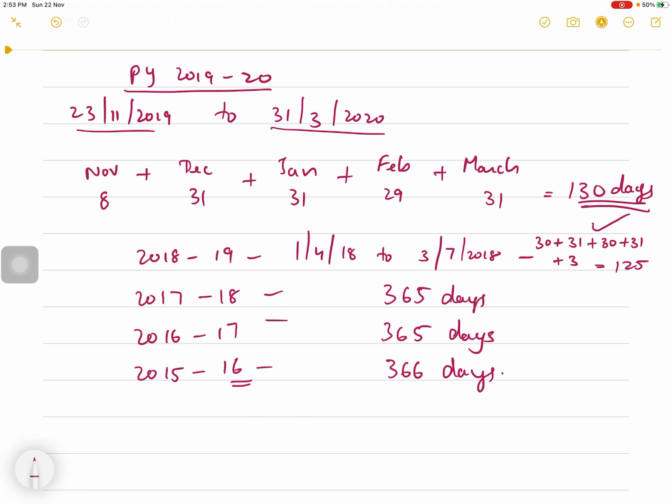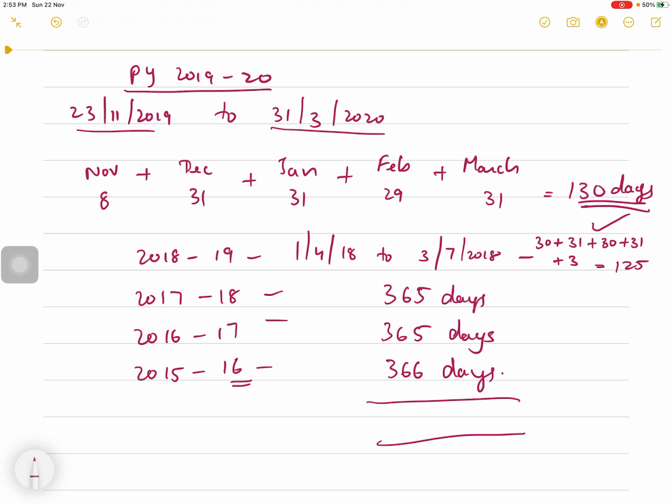So anyway, when you calculate the 4 years, the total is more than 365 only. That means he satisfies the second basic condition, because his stay in India during the 4 years preceding the previous year is more than 365. The total is more than 365, right? 93 plus 365 plus 365 plus 366.